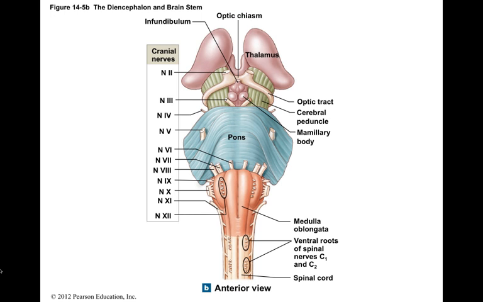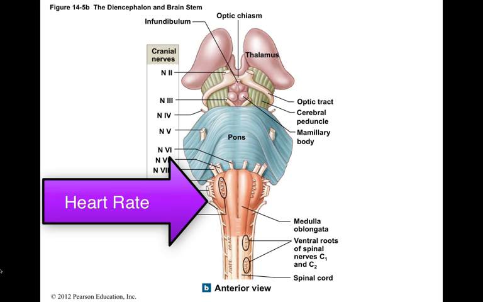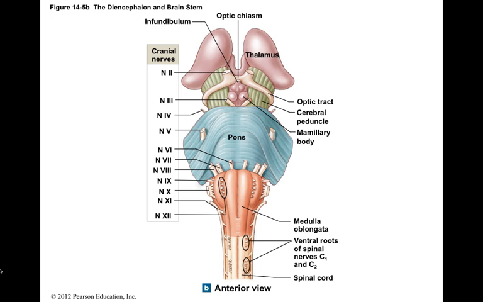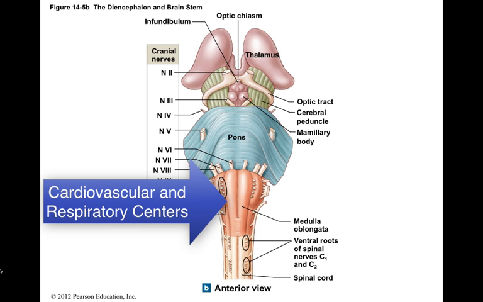The medulla oblongata relays sensory information to the thalamus and to centers in other portions of the brainstem. The medulla also contains major centers that regulate autonomic functions such as heart rate, respiration, blood pressure, and digestion. The medulla oblongata contains the cardiovascular and respiratory centers.